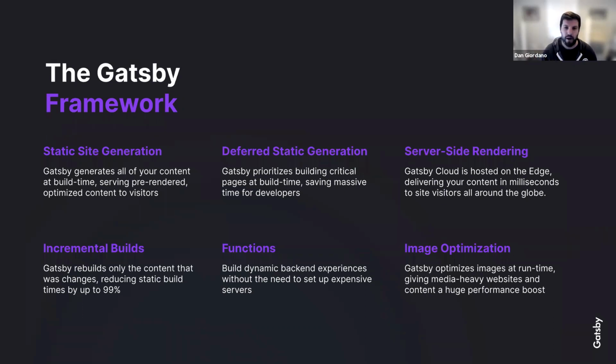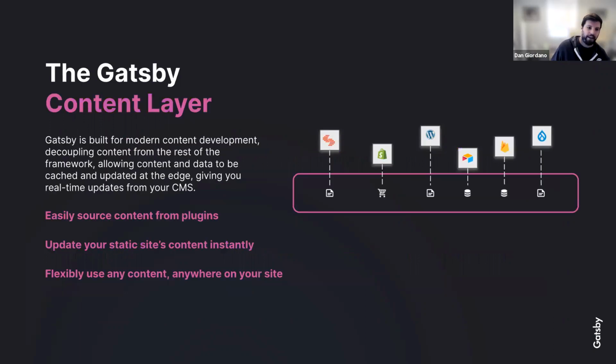You can transform images, anything like that you can do with our serverless functions. And then lastly, the framework comes out of the box with our image optimization Gatsby image plugin. It optimizes images at runtime and is just one of the slickest ways, I think, to deal with media on the web today.